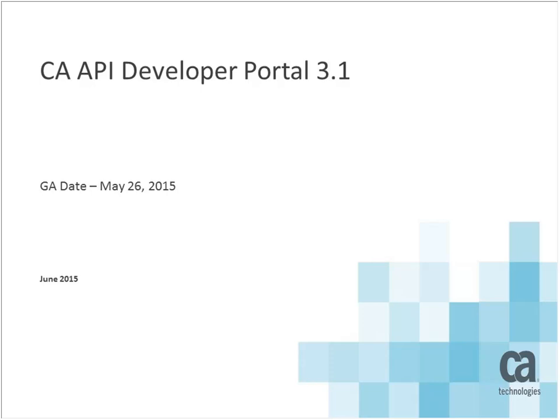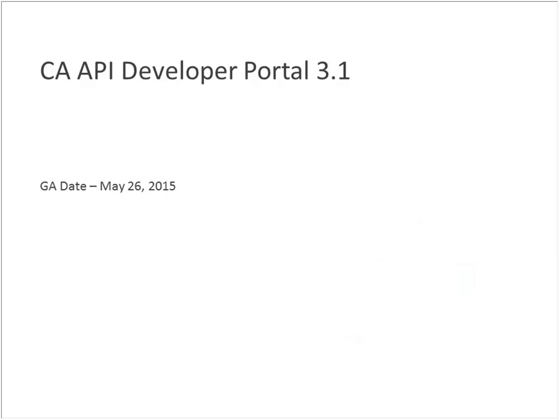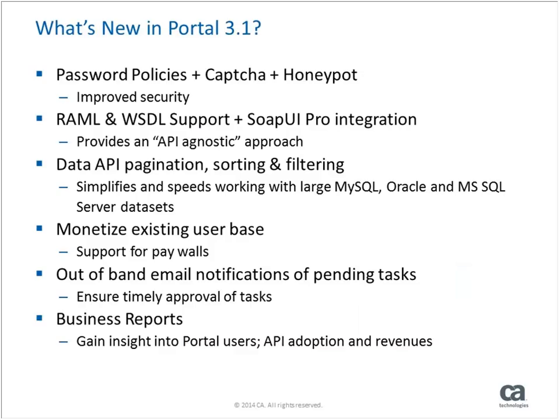I'll move ahead and talk about what is new in Portal 3.1. There are a number of things here that we have looked at in the marketplace, where we understood there's quite a lot of push out there, and we've reflected that in 3.1. But I wanted to touch first on your feedback.